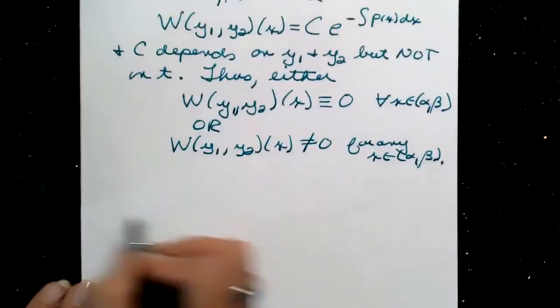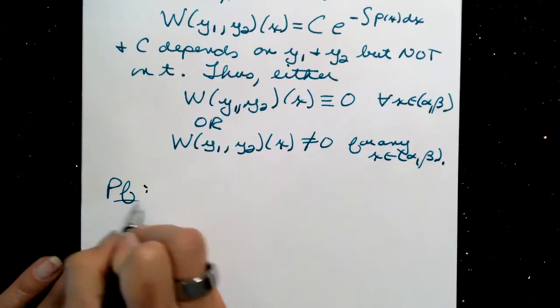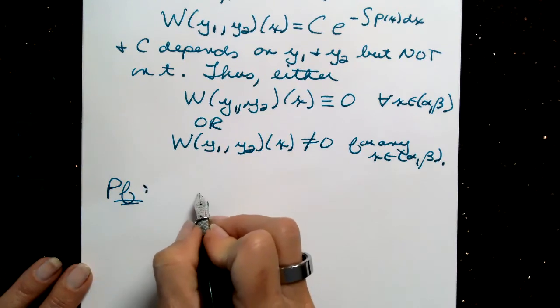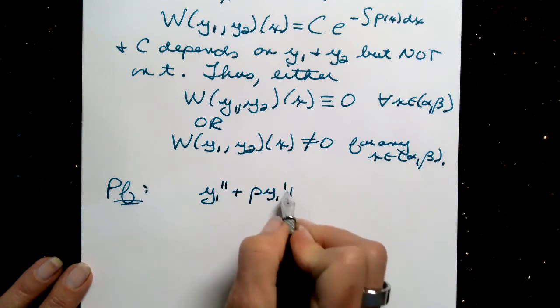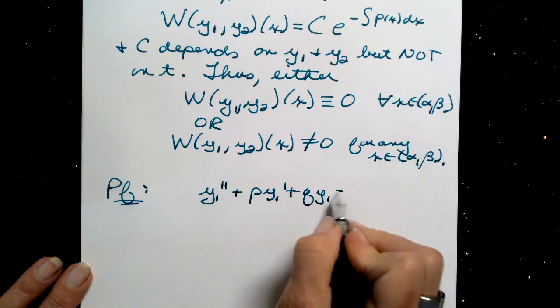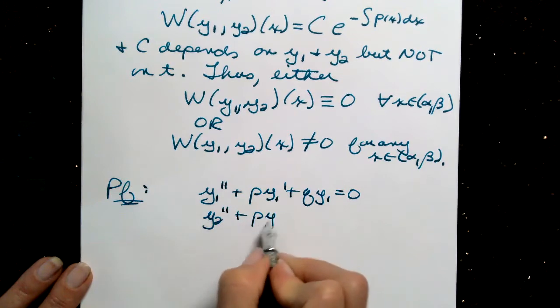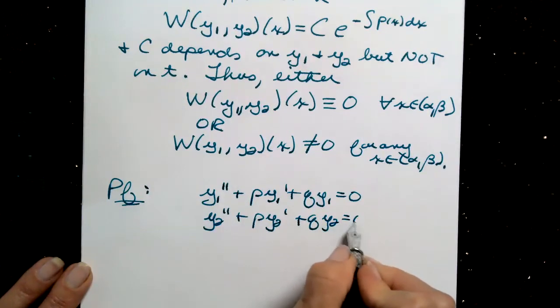Okay, so let's see why that's true. It's kind of an interesting proof. Okay, so y1 and y2 both satisfy the same differential equation. So in other words, y1 double prime plus p y1 prime plus q y1 equals 0, and y2 double prime plus p y2 prime plus q y2 equals 0. Both of those are true.